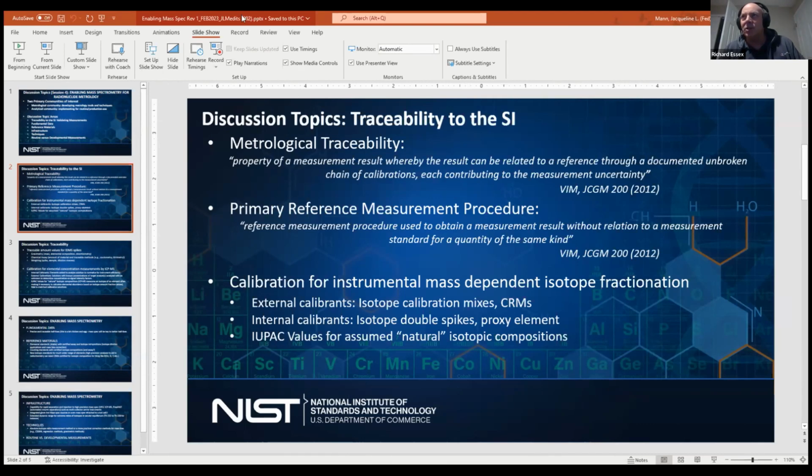In other cases, you're doing IDMS to get an amount for a half-life measurement. These are some of the things that I think about in terms of traceability.